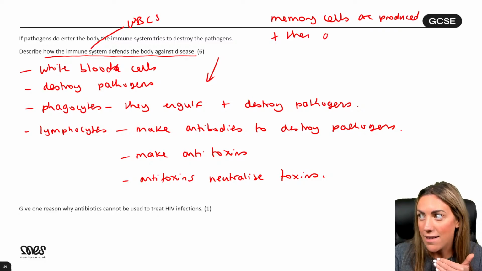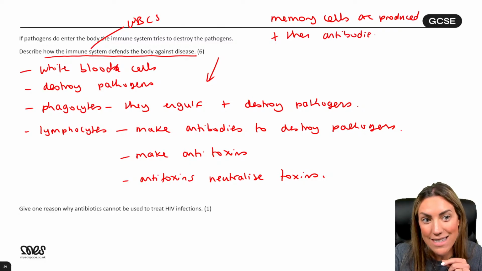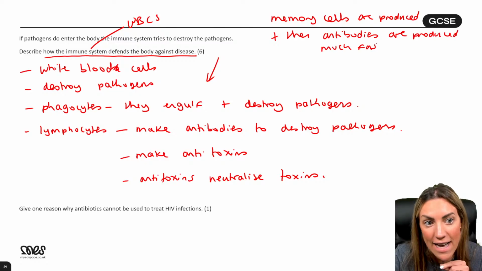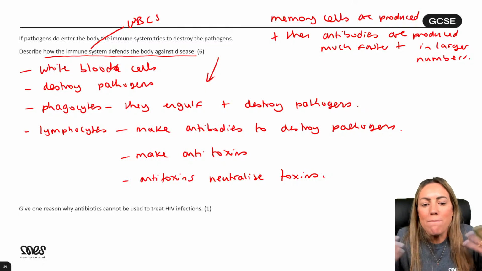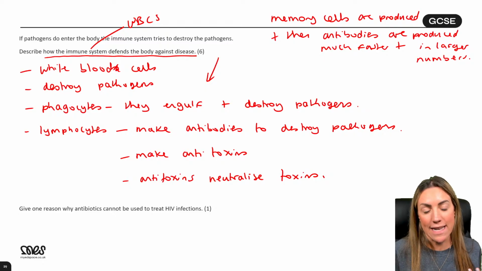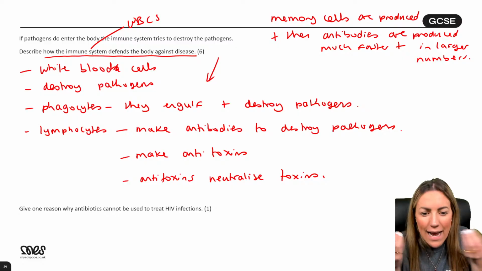And then the next time you get the same infection, antibodies are produced much faster and in larger numbers, or in higher concentrations. So that is what gives you immunity: the fact that you make these memory cells, which recognize the pathogen.